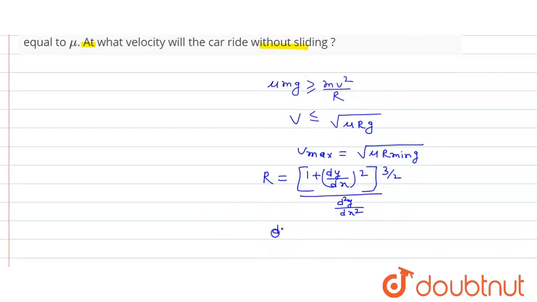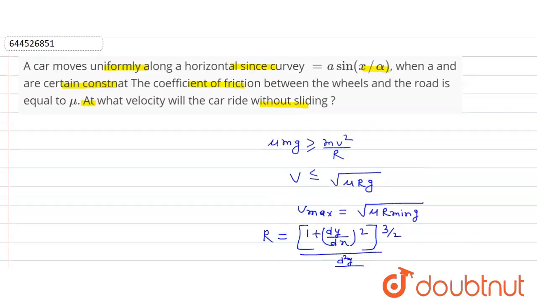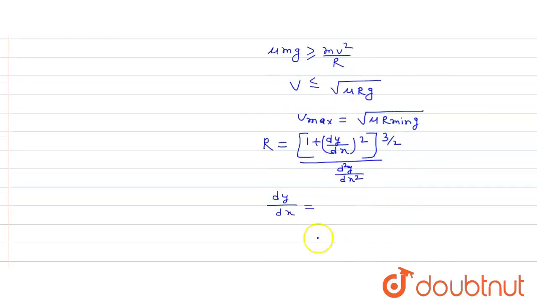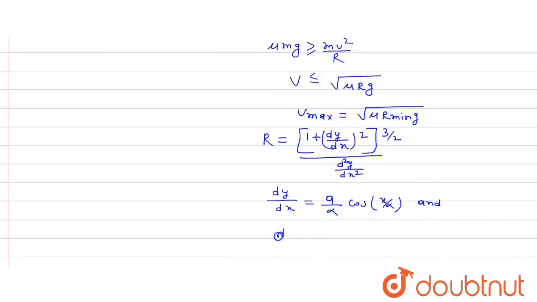For the given curve y = a sin(x/alpha), dy/dx is a upon alpha into cos(x/alpha), and d2y/dx^2 is equal to minus a upon alpha squared sin(x/alpha).